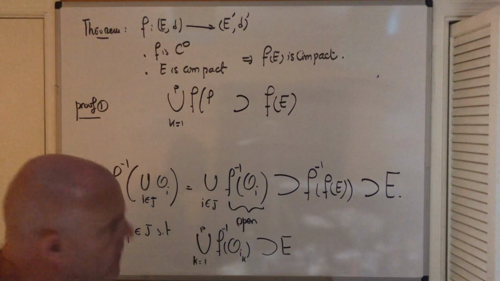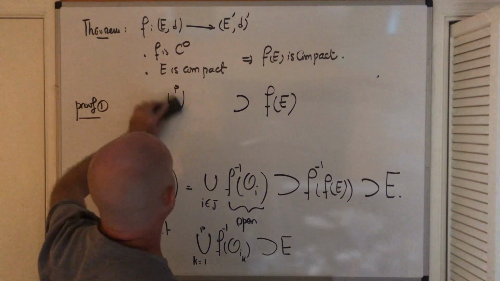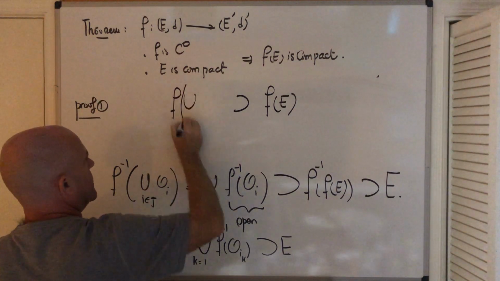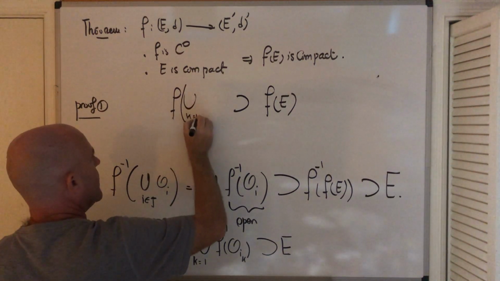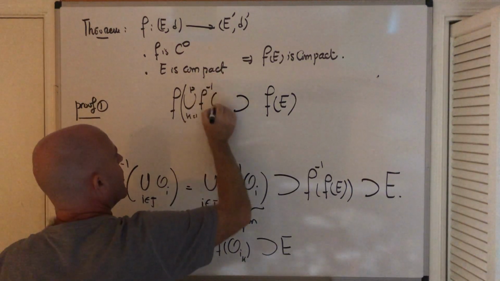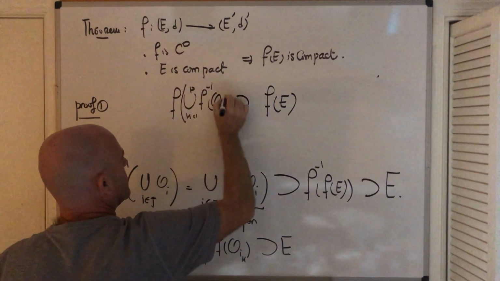So, let's do it slowly. I want to say f of the union for k equal 1 to p of f minus 1 of OIK.